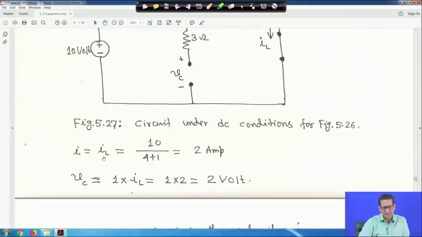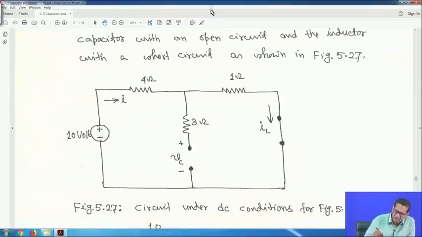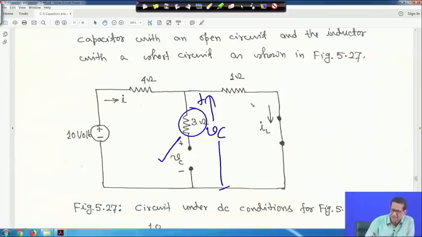So I is equal to IL is equal to 10 upon 4 plus 1, which is 2 ampere. Vc is the voltage across the capacitor, this one, and no current is flowing here. So basically, I can write it in a better way: this is Vc, and the current IL is flowing through this.